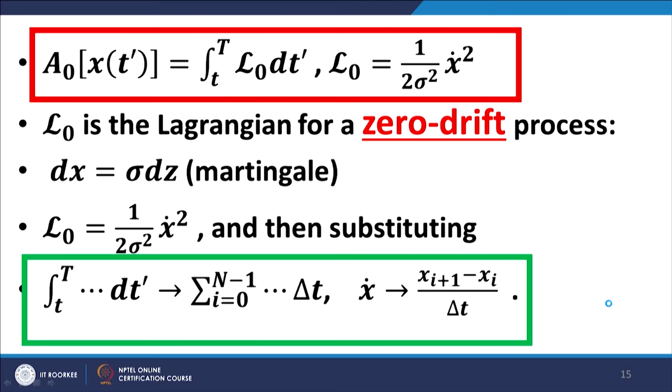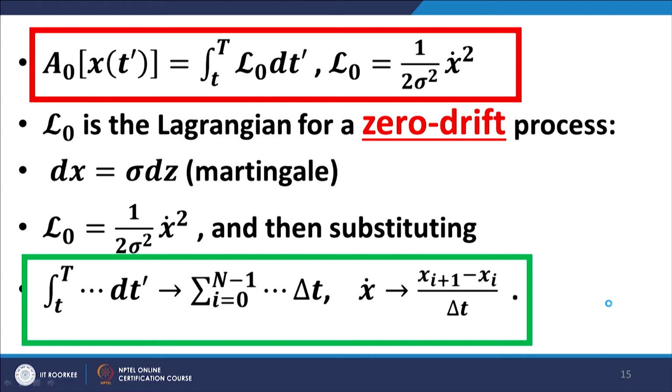The first term, A0 of x dash, x of t dash, is the time integral of L0, where L0 is the expression given in the red box here, 1 upon 2 sigma square x dot square. Now, what is this L0?